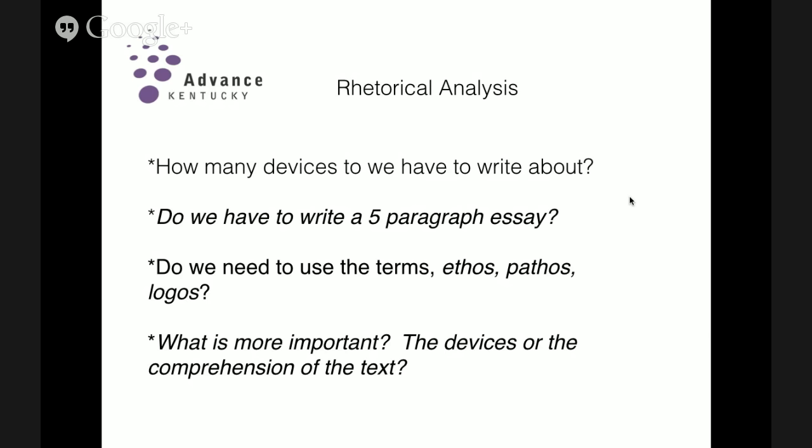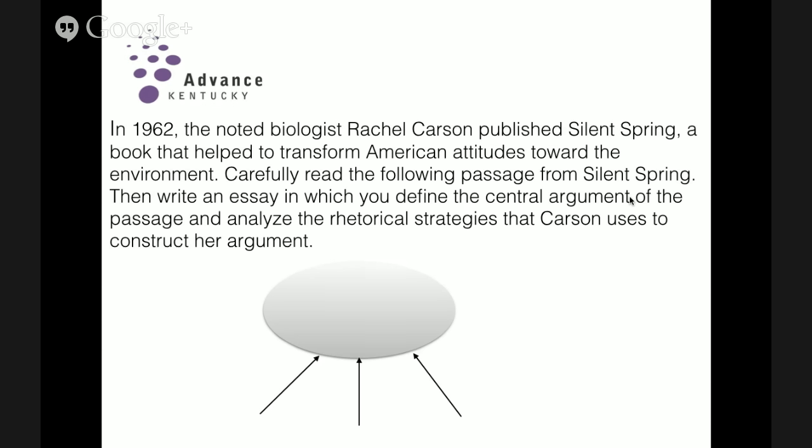And that's going to take us to actually looking at a question and how you go about answering it without focusing too much on the devices, because we see this all the time.